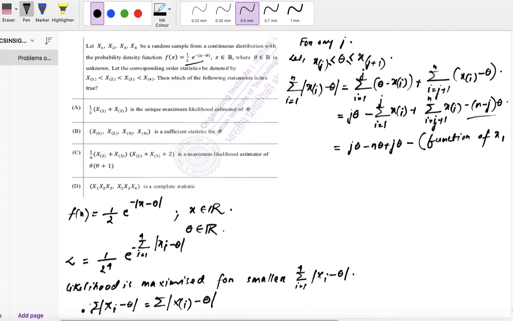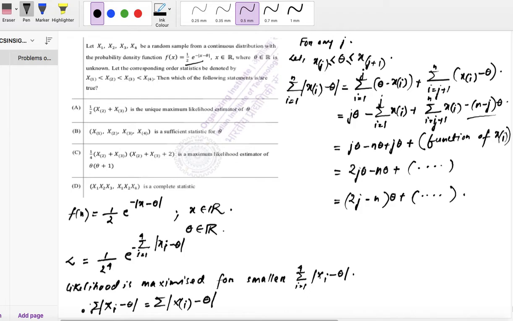There is no necessity of the statistic here, so we are concerned about theta. So we get twice j theta minus n theta plus functions of xi. Now if we take out theta, we get twice j minus n, times theta, plus the same term.